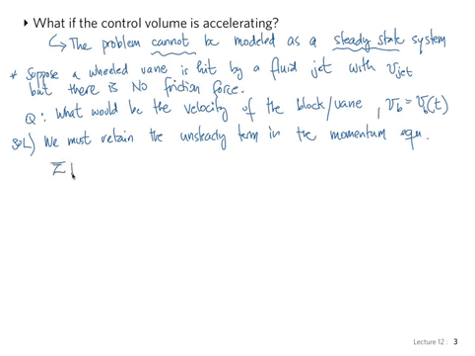So sum of forces, let's retain also the vectorial form of the equation, is equal to this unsteady term, the derivative with respect to time of momentum, mv, in the control volume, plus now the terms that we had before, which are the fluxes of momentum in and out of the control volume, sum of plus or minus m dot v.